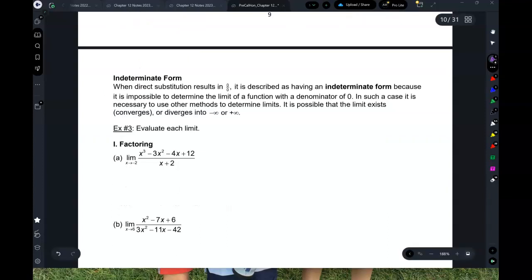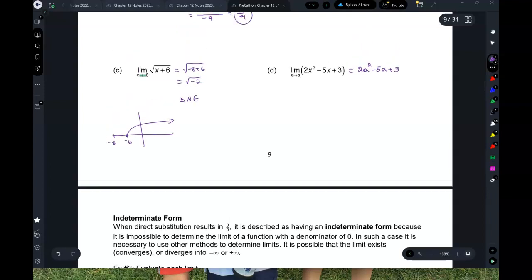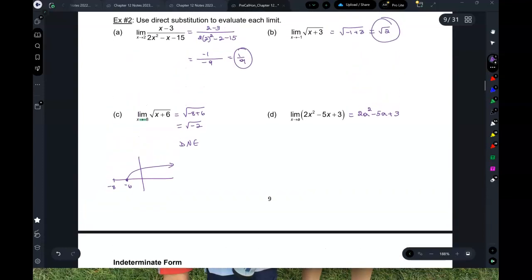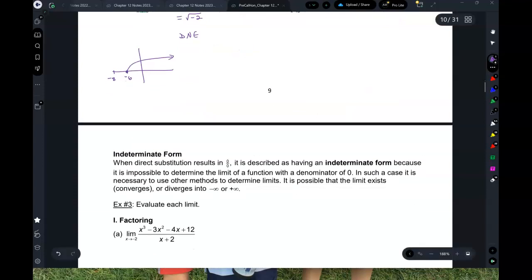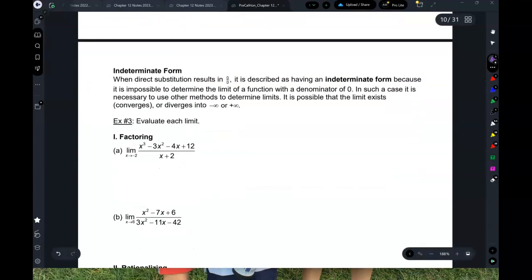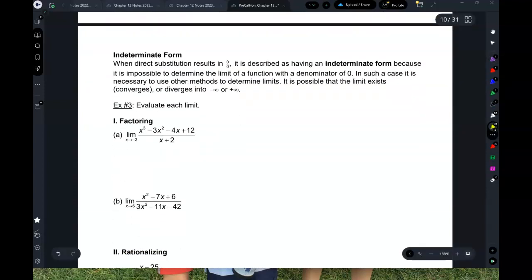Okay, now everything came up nice and peachy over here. However, there are some functions where you can't just go plugging in any number because you're going to run into undefined territory. When direct substitution results in 0 over 0, we call that indeterminate form.